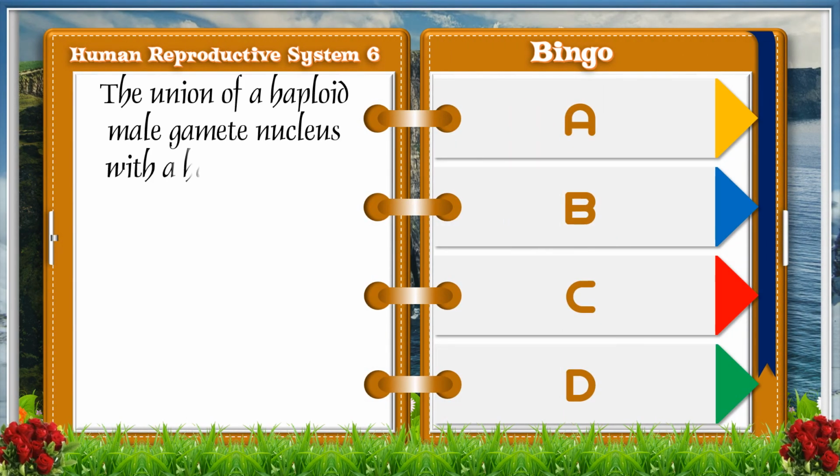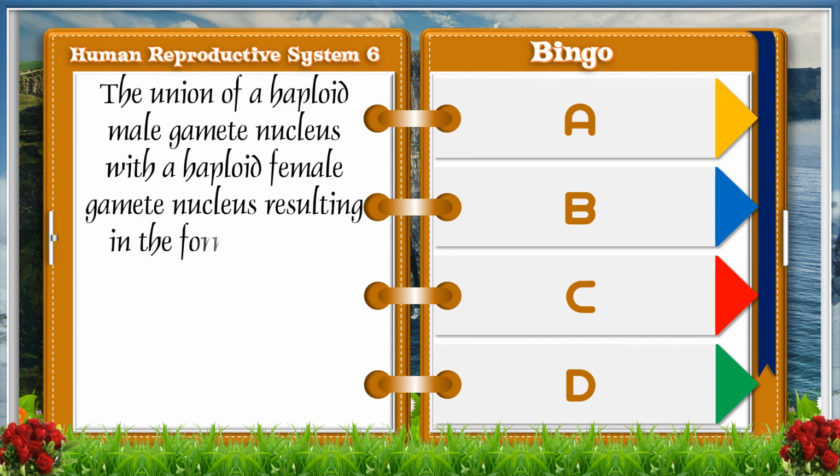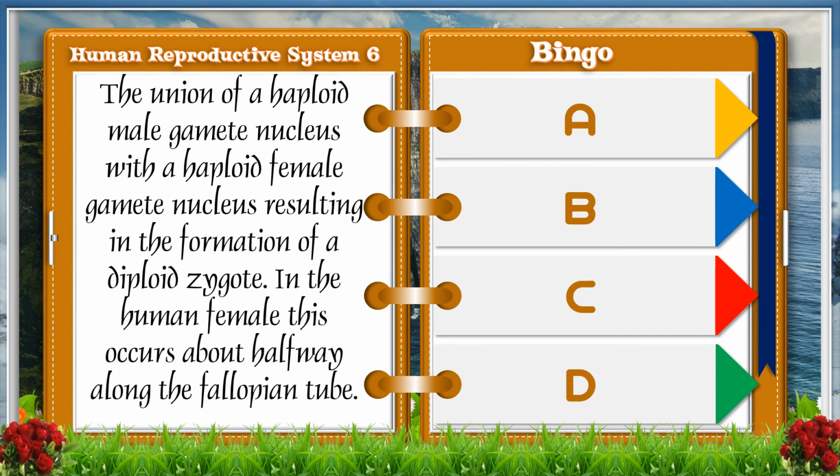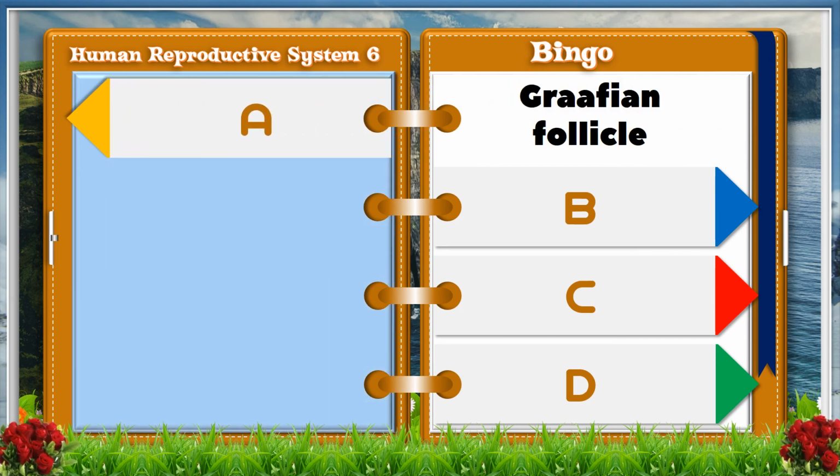The union of a haploid male gamete nucleus with a haploid female gamete nucleus resulting in the formation of a diploid zygote. In the human female, this occurs about halfway along the fallopian tube. A. Graafian follicle.